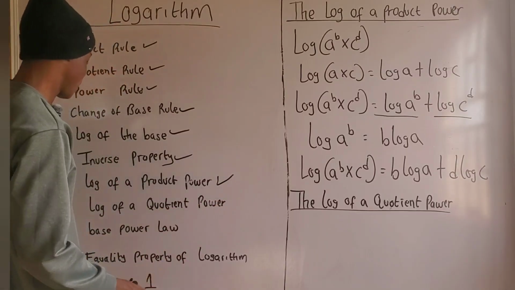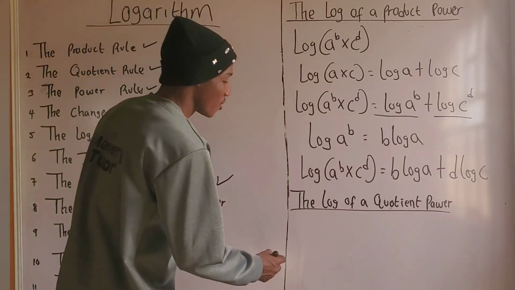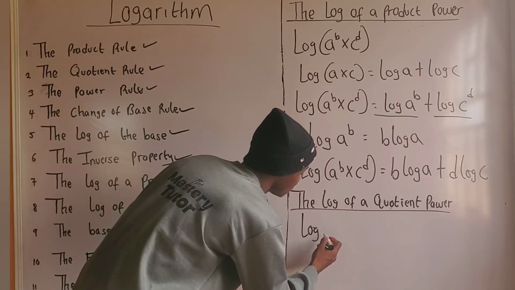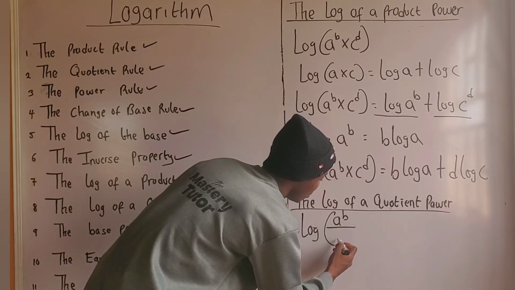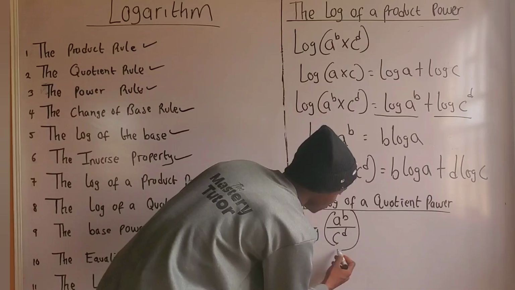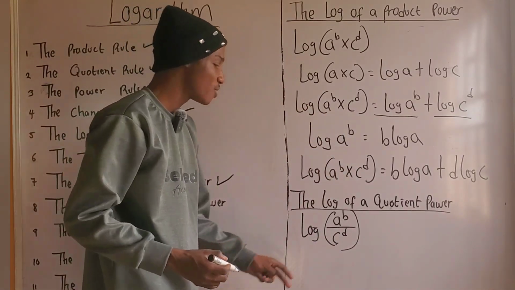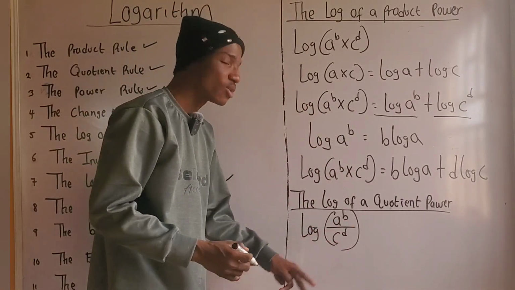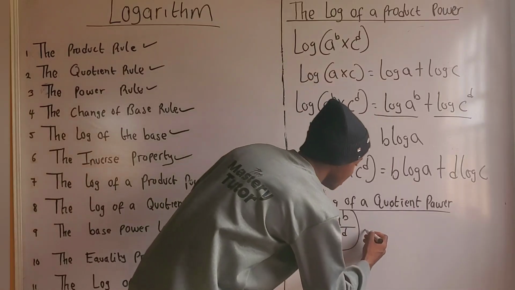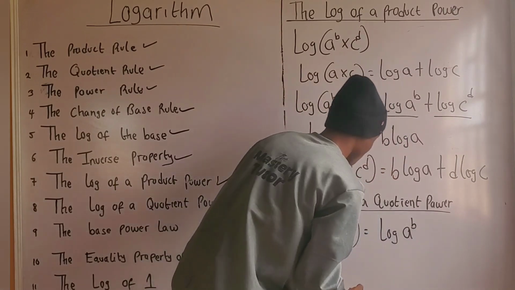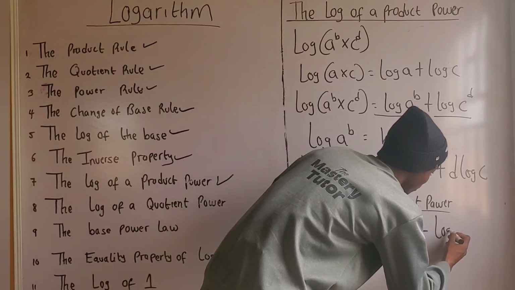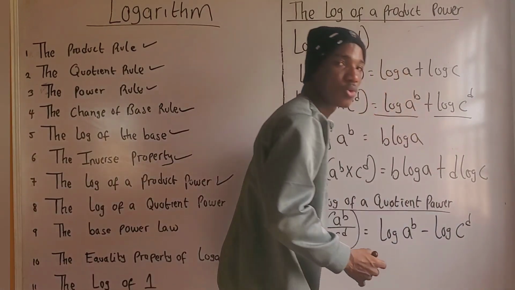Let's look at this. According to this law, if you have log a raised to the power of b divided by log c raised to the power of d, the answer here will be log a raised to the power of b minus log c raised to the power of d. Do you know?